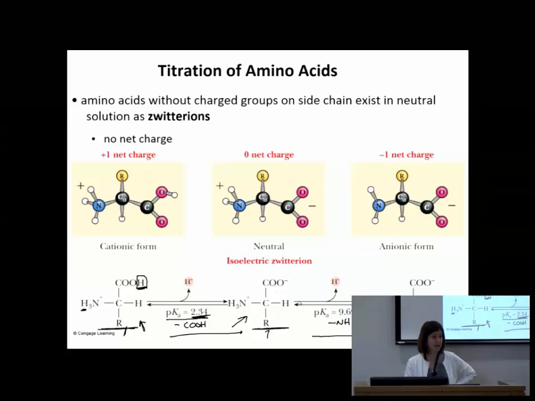It's harder to get it off the amine group. So at pH 7, we're in between the two pKa's. We predominantly have the proton off of the acid group, and because we're below this other pKa, 9.69, the proton's going to be on our NH3. So that 3 means you have the proton on. The 2 means the proton's off.